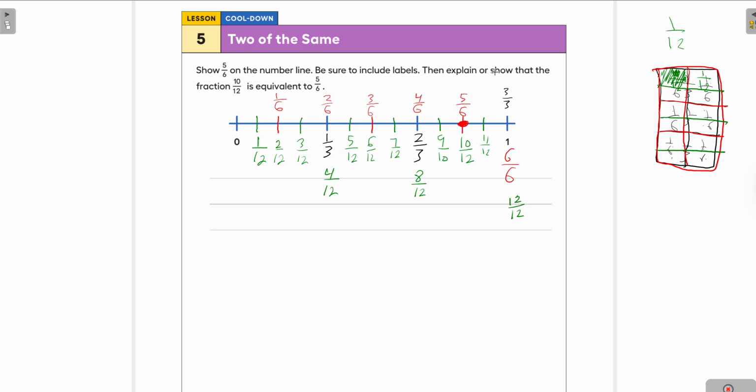So we have to explain or show that the fraction 10/12 is equivalent to 5/6. And here we can see that they are equivalent.